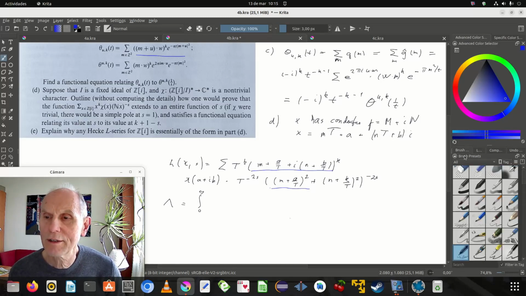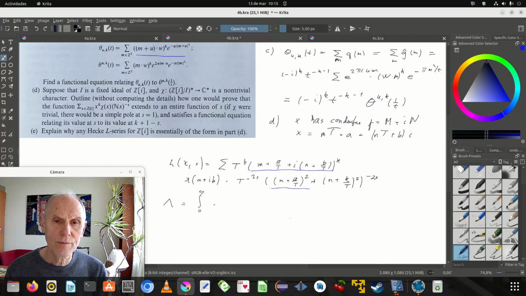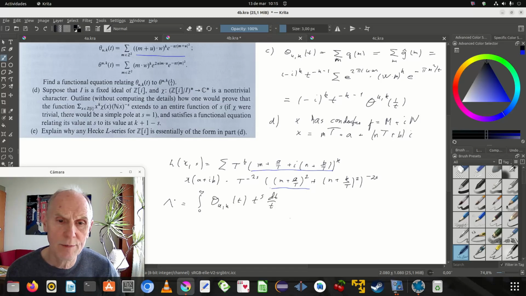So now we can define the lambda function. So it's t to kth. Let's forget about that. Irrelevant. And then, so that's my lambda.